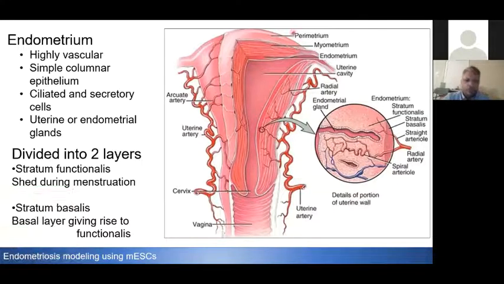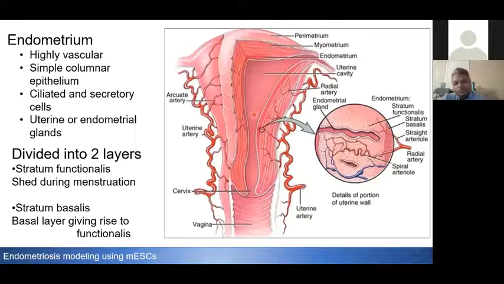The outside layer of the uterus is the perimetrium, then the middle layer myometrium, and inside is the endometrium. This inside layer, endometrium, is very highly vascular, simple columnar epithelium, and it is ciliated and contains a lot of secretory cells. Also, it has uterine or endometrial glands.